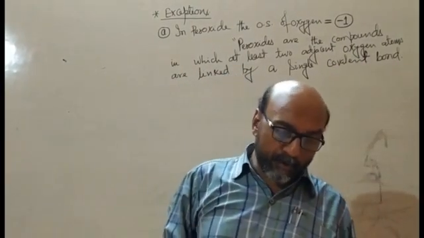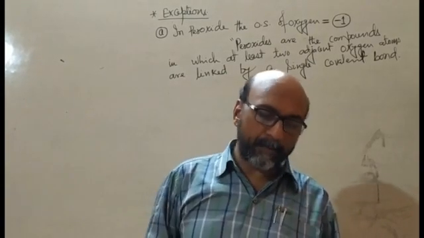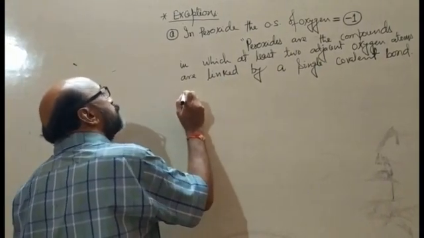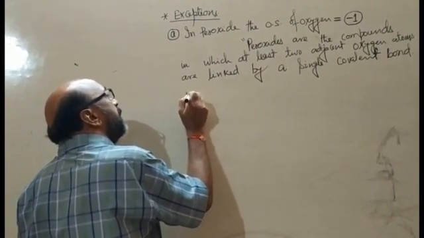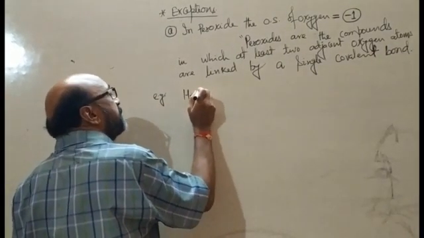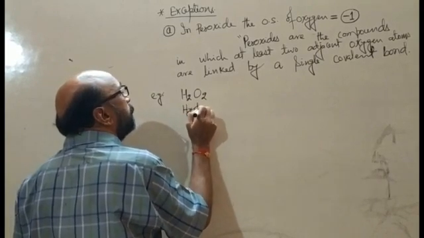Now we should take some examples of peroxide. The most popular example is H2O2, hydrogen peroxide.